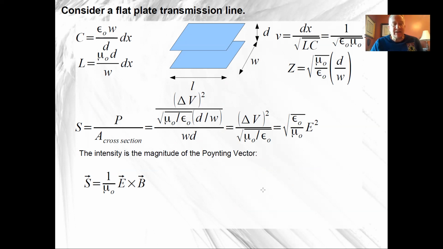And we say that the Poynting vector is equal to 1 over mu naught, the electric field cross the magnetic field. However, don't forget the cross product will be perpendicular to both E and B, which, by the way, is the direction of propagation for the wave.